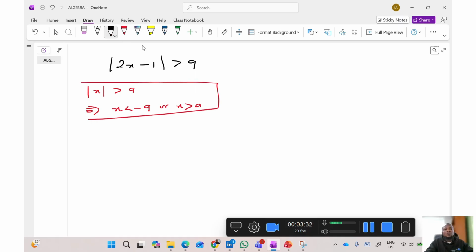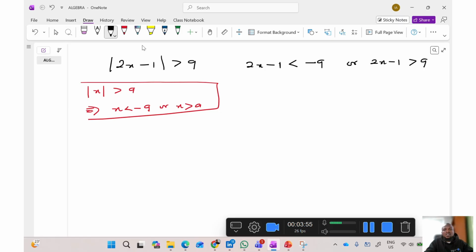So when we have the absolute value of 2x minus 1 greater than 9, that means that 2x minus 1 is less than minus 9, or 2x minus 1 is greater than 9. Is this understood?